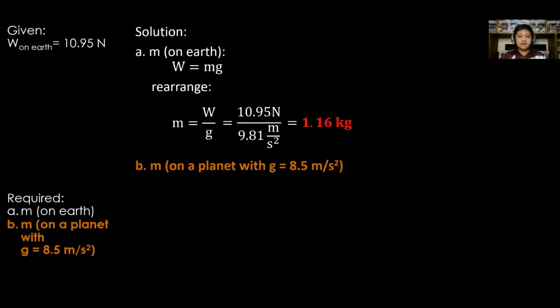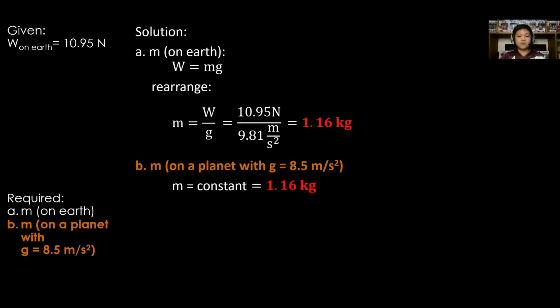So for the answer, again, as defined, M is constant regardless of the location or position of that substance. Therefore, M as constant, same as letter A, M is still 1.16 kilograms.